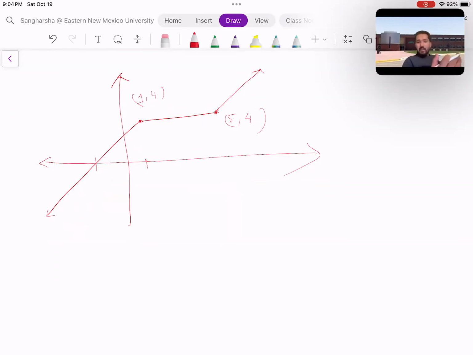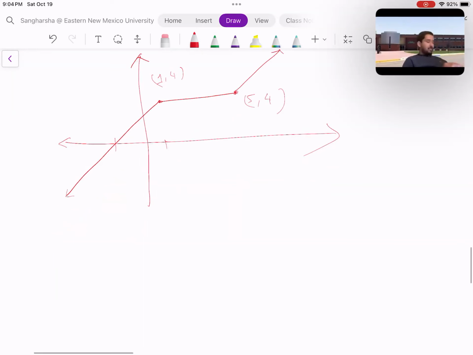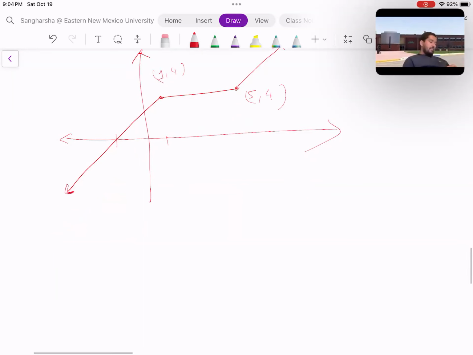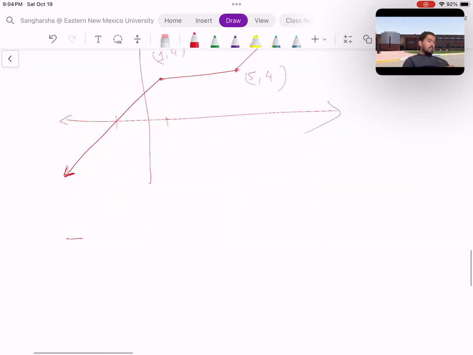Whenever you are asked to write down the interval where the function is increasing or decreasing, you start from the left. Since your graph can extend all the way to the left, on the left we have negative infinity. So you are moving along the horizontal axis. You are using the x coordinates to write down an interval, not the y values.